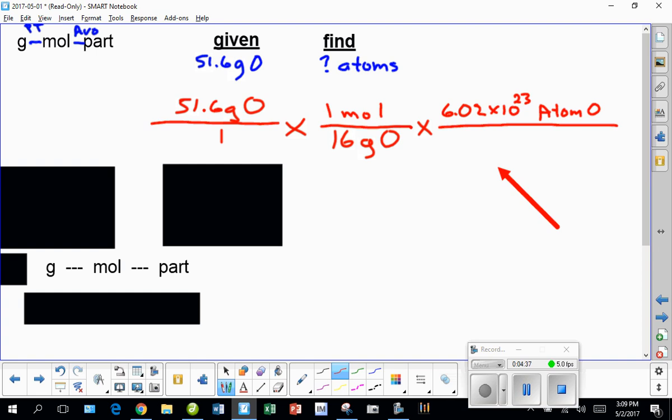And on the bottom we have 1 mole. Okay, good. So now we have a 3 fraction problem, and we have 3 things in our pathway.